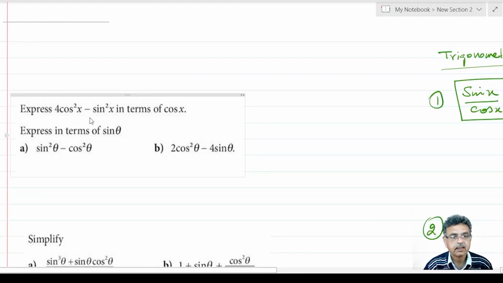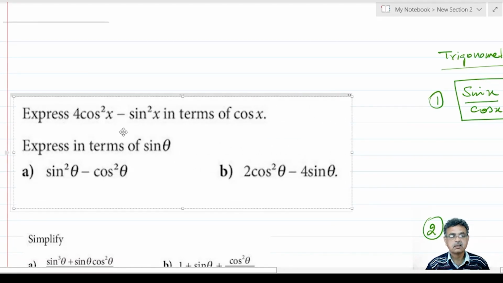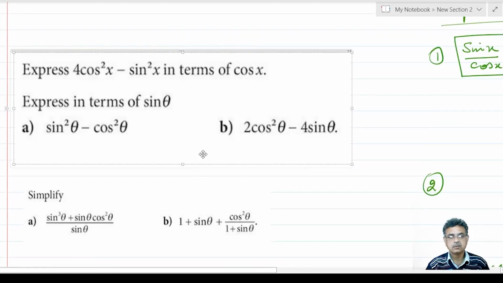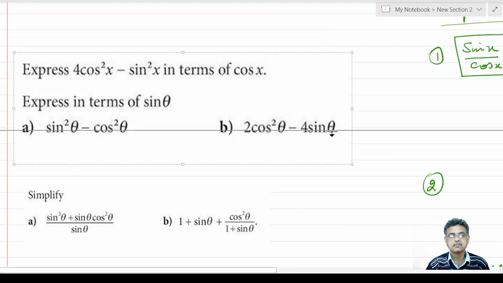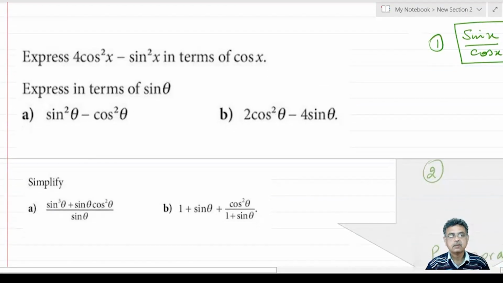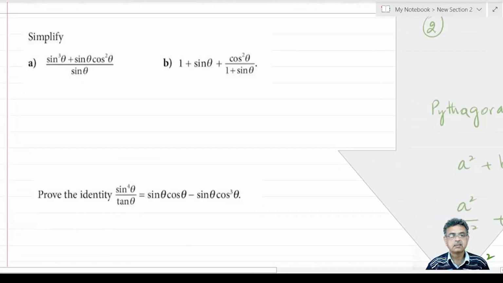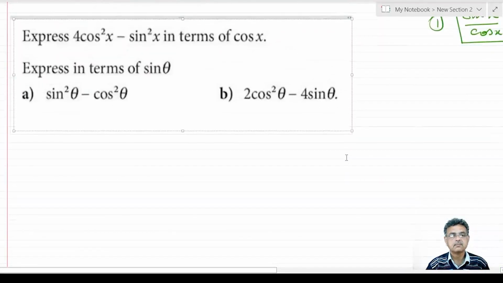Express this one in terms of cos x. Now you can see what I was telling, that this expression is asked to be written in terms of cos x. So how can we write it in terms of cos?